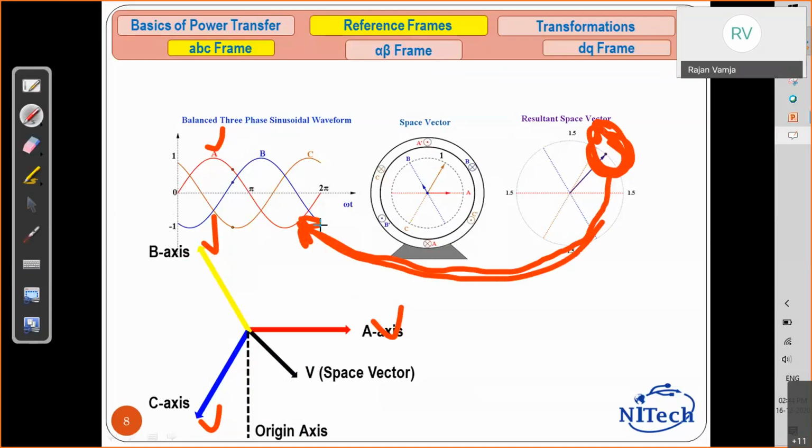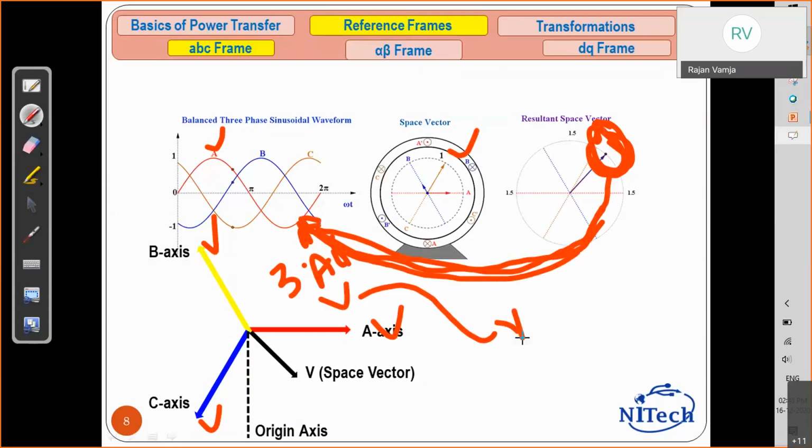In the space, this space vector is representing the three AC quantities. Those three AC quantities have the same magnitude, Vm, but are phase shifted by 120 degrees to each other.